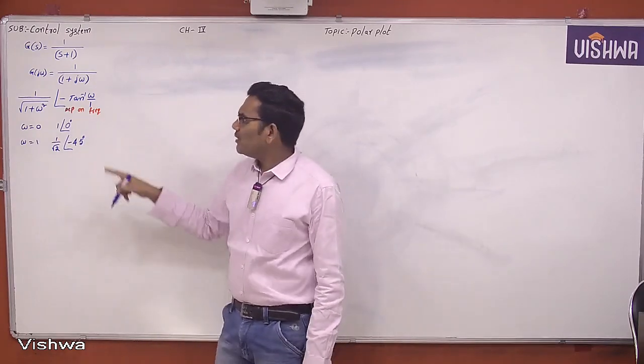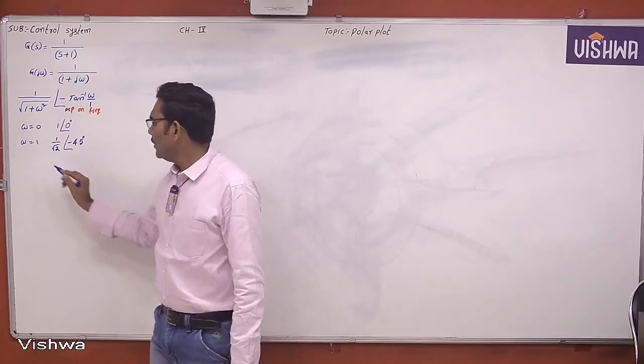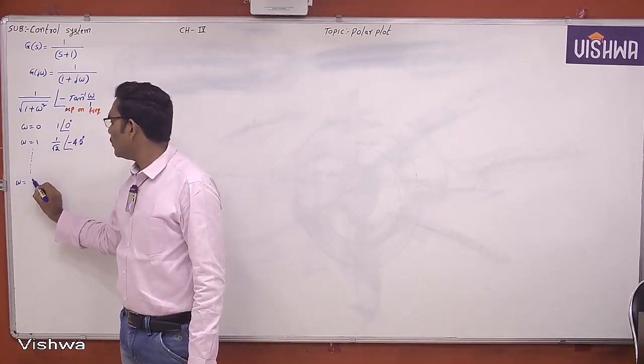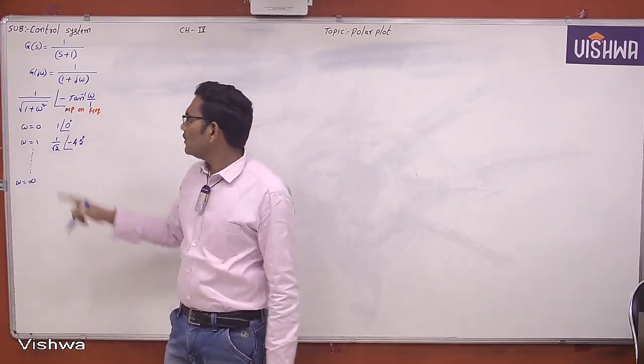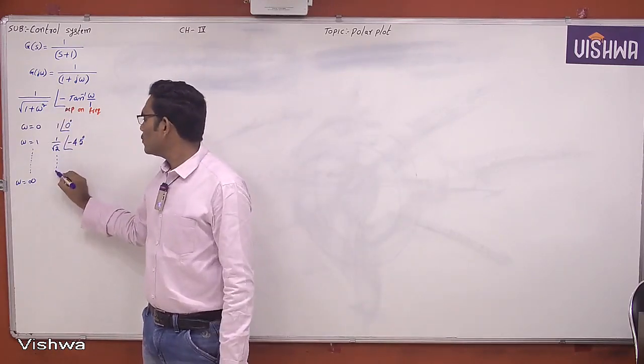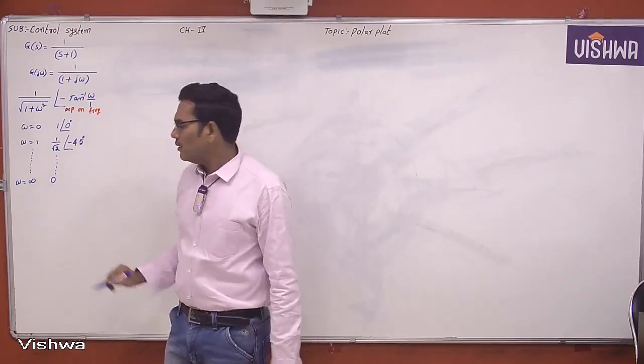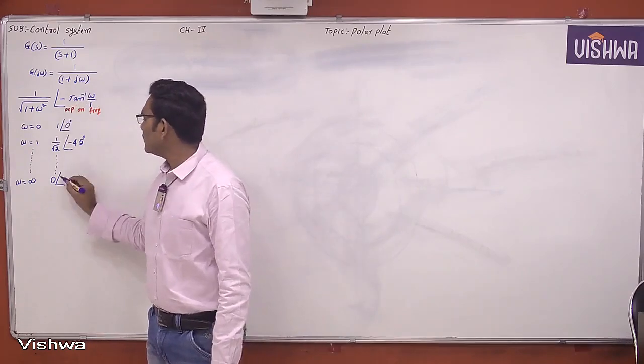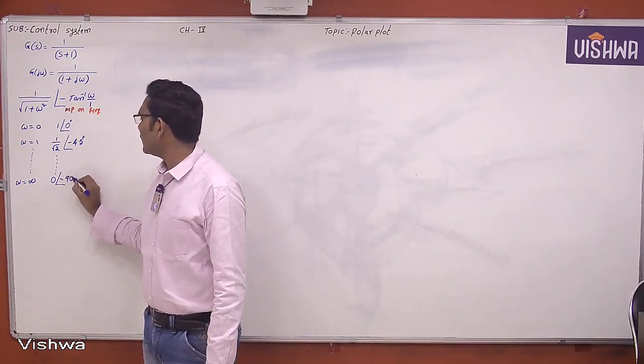When omega equal to infinity, it is something by infinity, so the magnitude is 0, and the phase angle is tan inverse infinity, which is minus 90 degrees.